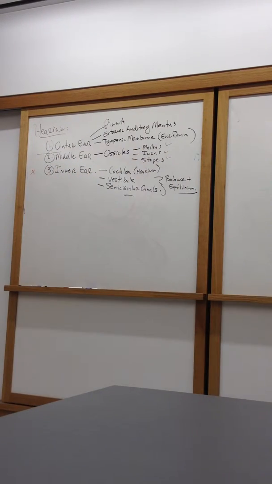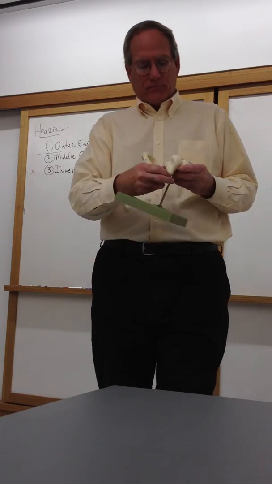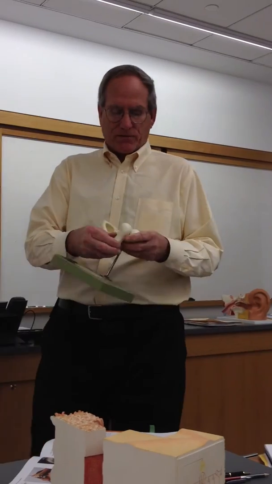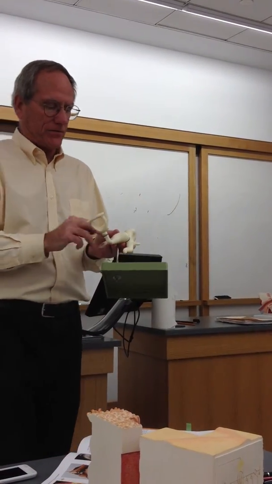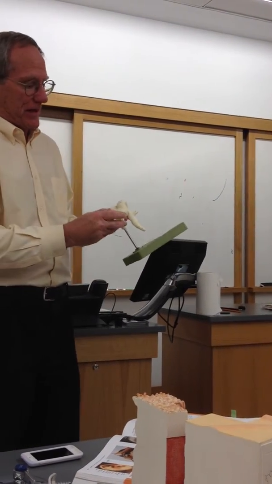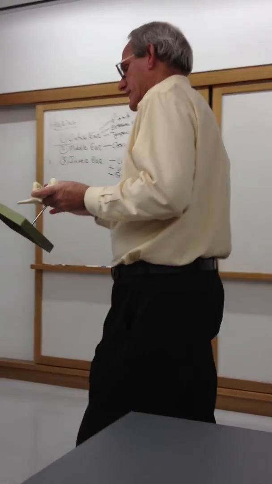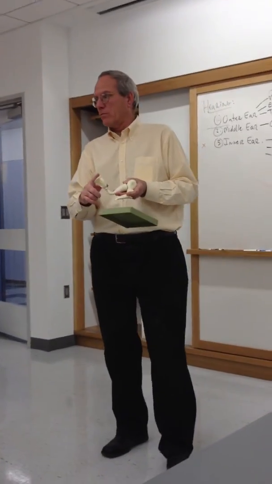And if we look at the model of the middle ear, this is the area here that abuts the tympanic membrane. This is the malleus. The second bone here is the incus, and this final one here is the stapes. This part of the stapes, which is the closest to the inner ear, this third ossicle, is called the oval window.